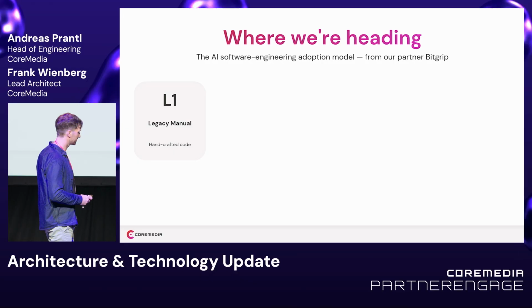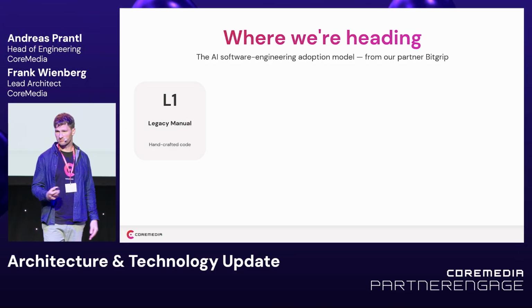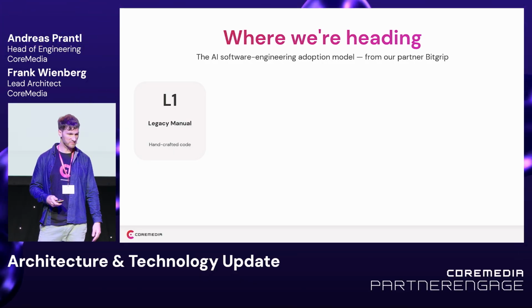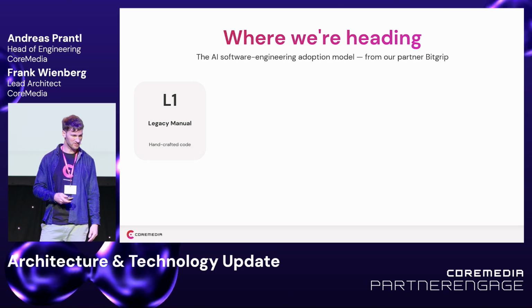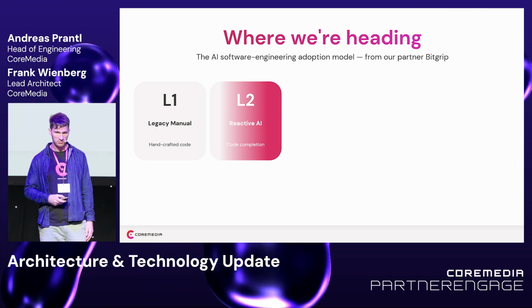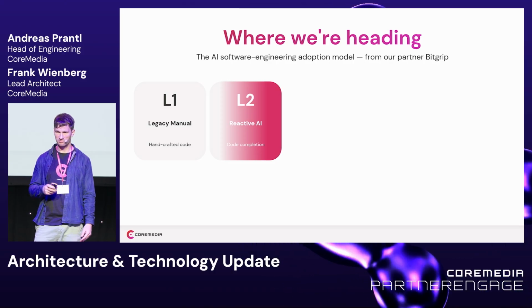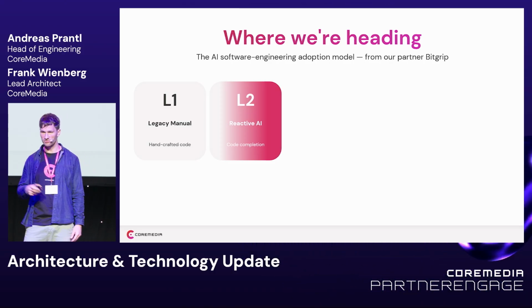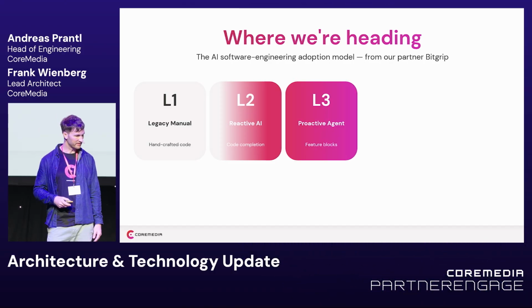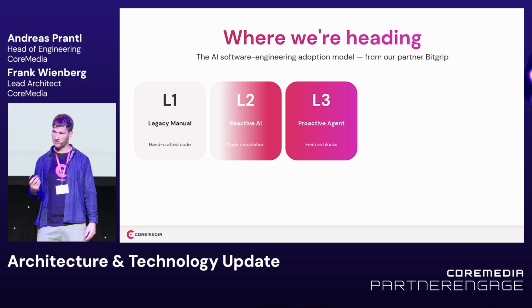So the first level is where developers still do coding themselves in the IDE, no AI usage at all. Level 2, reactive AI, developers start using AI for generating single lines of code, maybe a function. Level 3, we have proactive agent usage.